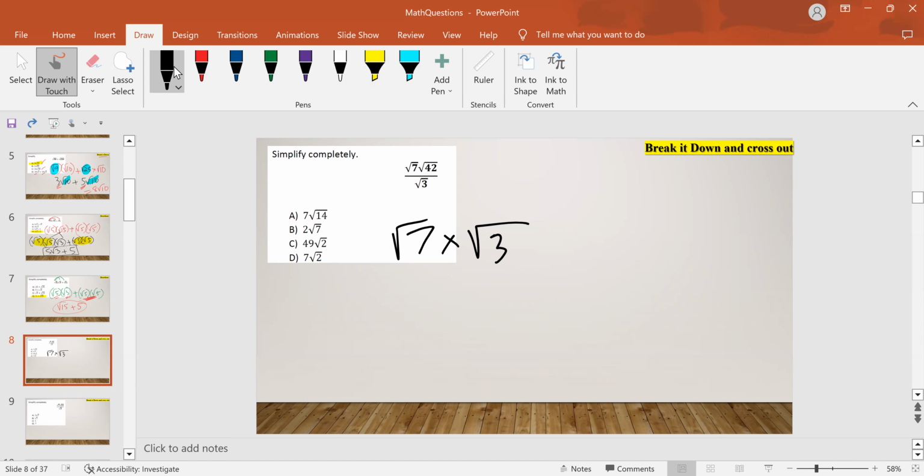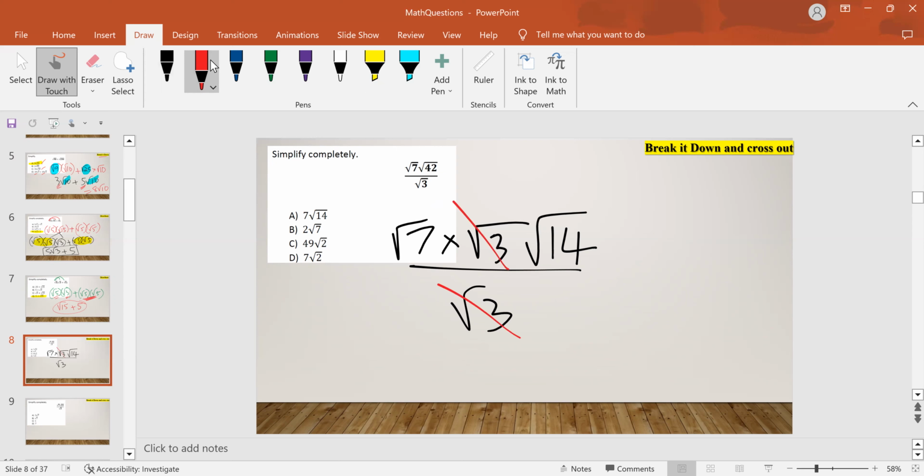So that gives me 14. Okay, so I know that if I multiply 3 by 14, I get 42. So we divide everything by square root of 3. Now, do you see that square root of 3 and square root of 3 cancel? Okay, and do you see that we have square root of 7 left here?